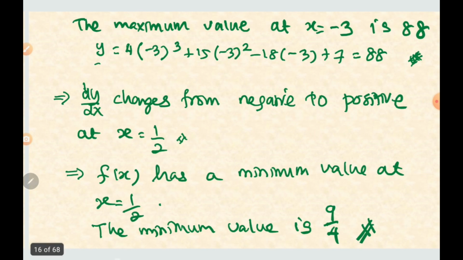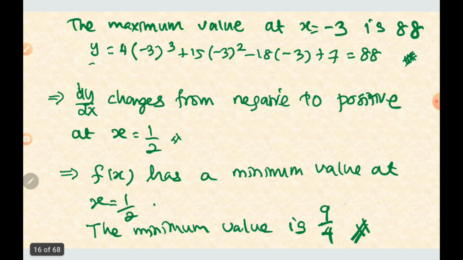The minimum point is (1/2, 9/4), but the question asks what is the minimum value. So the minimum value is the value for y, that is 9 over 4. So you have to create the table to determine the maximum or the minimum value. Thank you.